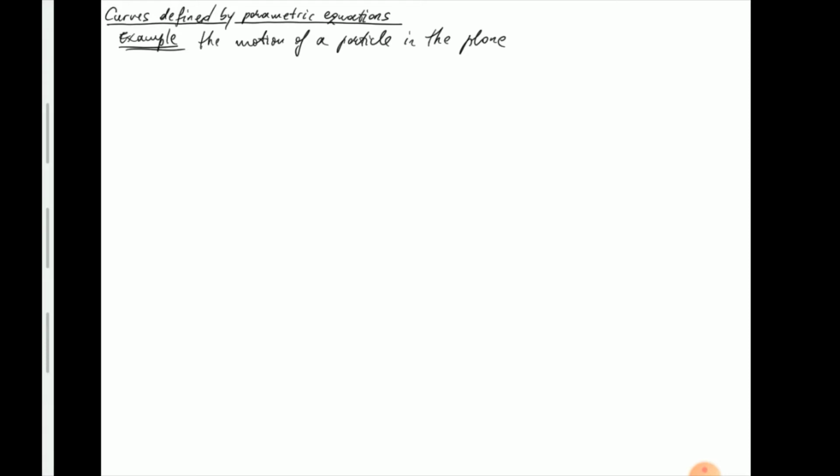So if it's a motion, then that means you could tell the position of the particle at various time points. So let's say you look at the clock as the particle moves along a path, and you register the position of the particle at various time points.